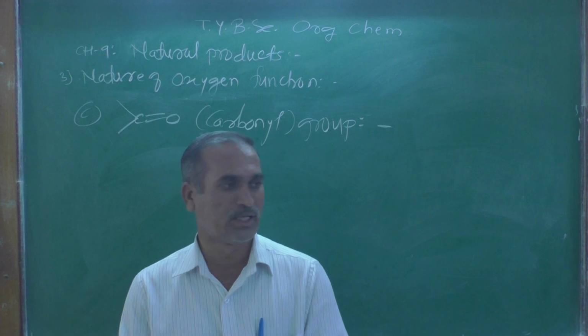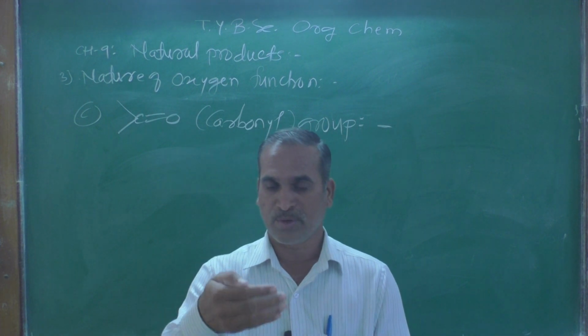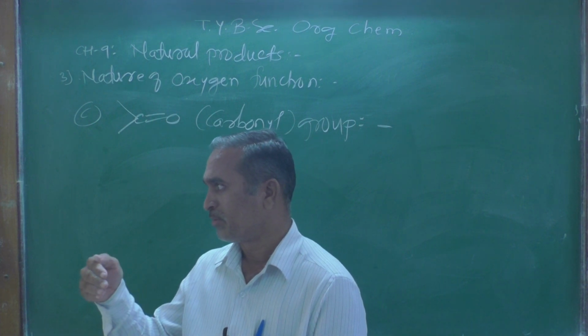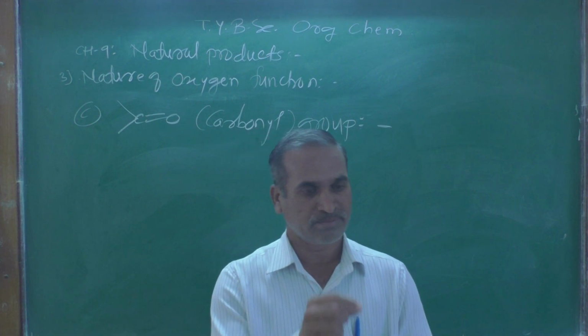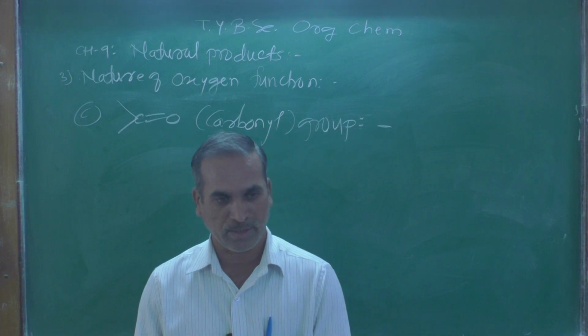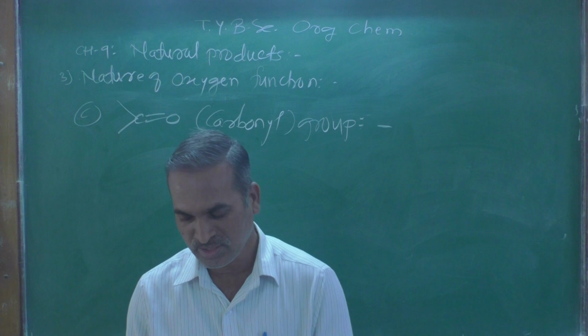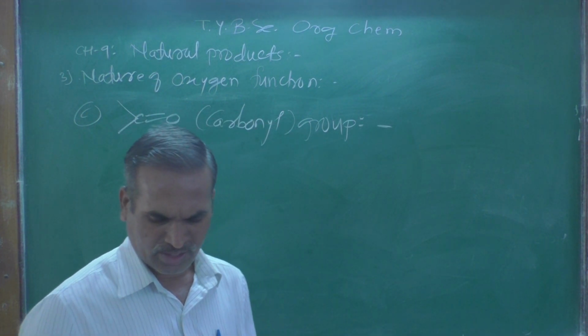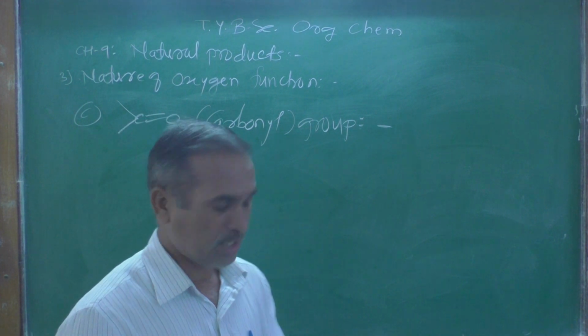It is one of the tests performed as a qualitative experiment in the laboratory. So, what is that test? Silver mirror test. Let us see how the reactions take place.